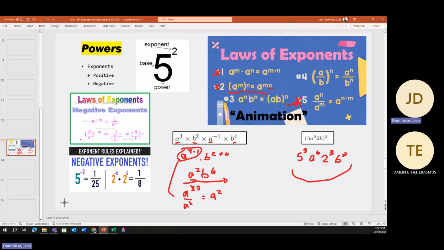Then there are other laws, well, not laws, but something that makes it very, very easy to work with: if we have 1 over a to the power of m, that is similar to a to the power of minus m.